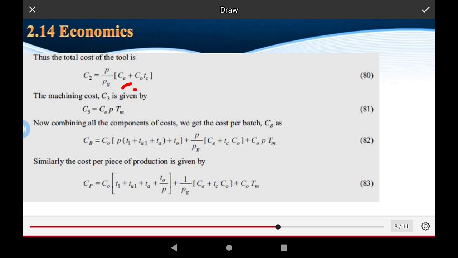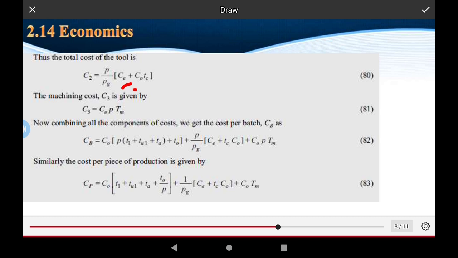Now combining all the components of the cost, we get the cost per batch. CB, or total cost of this batch, is found out. T1 is the loading time of the workpiece, and unloading time of the unit.